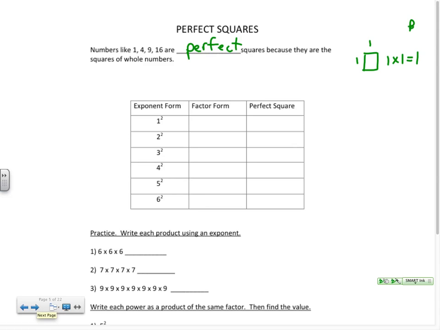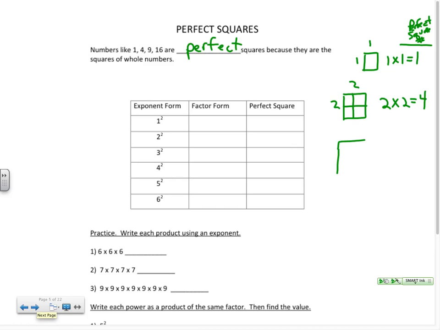This number here, 1, is called the perfect square number. Okay. The next perfect square number, if we had a square that was 2 units on this side by 2 units on this side, and we wanted to find the area, we'd have a 2 by 2 square, and its area would be 4 square units. So 4 is our next perfect square number.